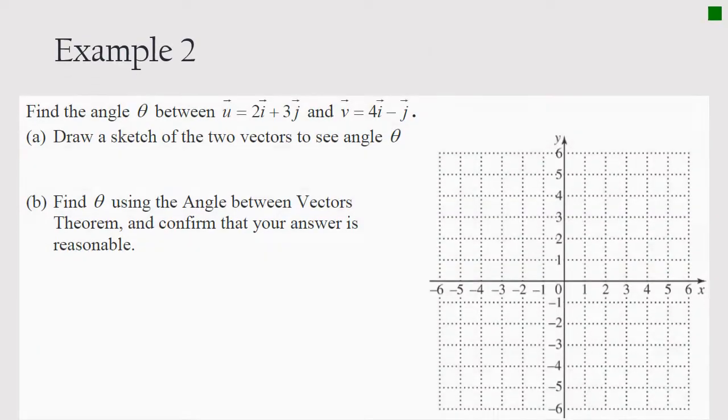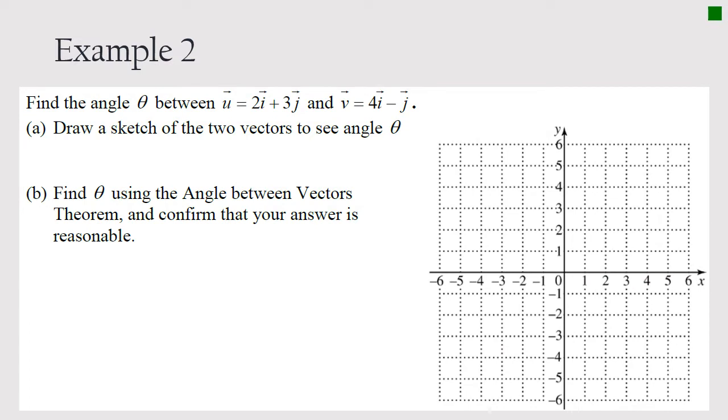Okay, so let's use that to actually solve some of these things. Draw the angle between u equals 2i plus 3j and v. So u is 2 horizontal, 3 vertical, so there's u. And v is over 4 horizontally and down 1.